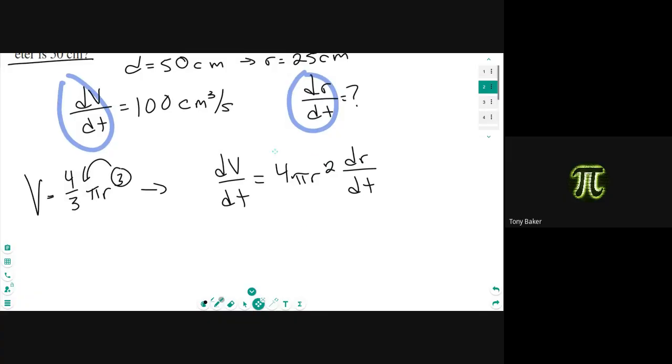I have to divide basically that over. So I have 1 over 4 pi r squared dv dt equals dr dt.